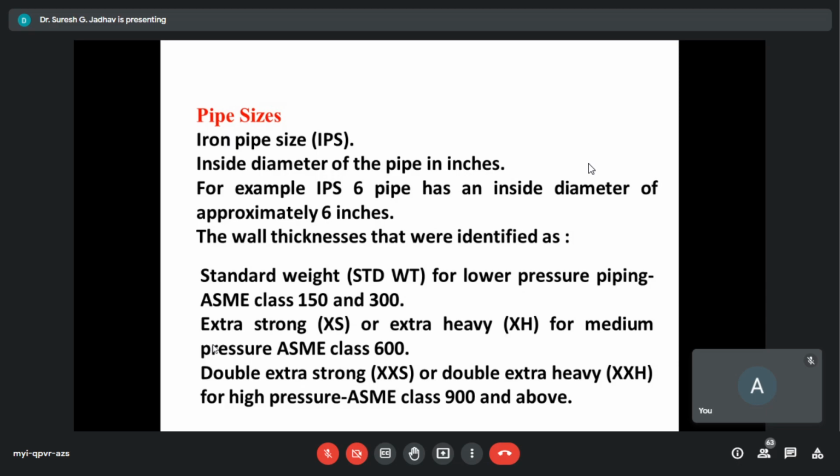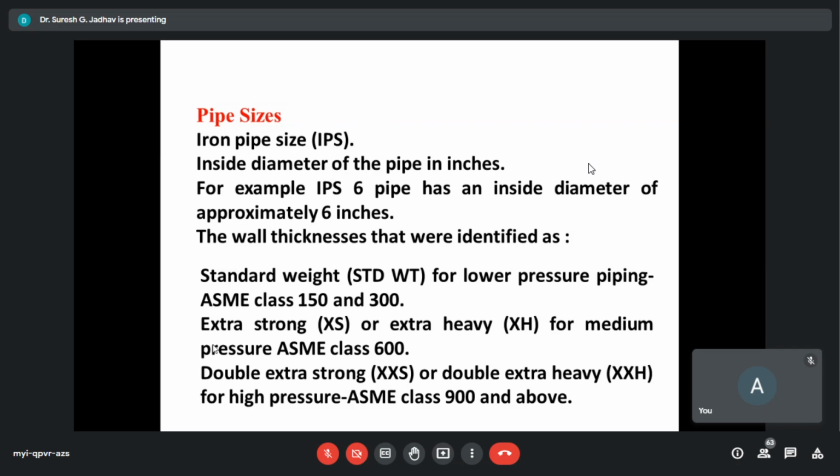And next schedule, that is double extra strong, denoted by XXS, or double extra heavy, we can designate XXH, for high pressure ASME class 900 and above.